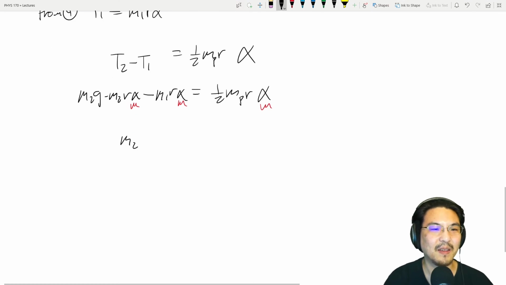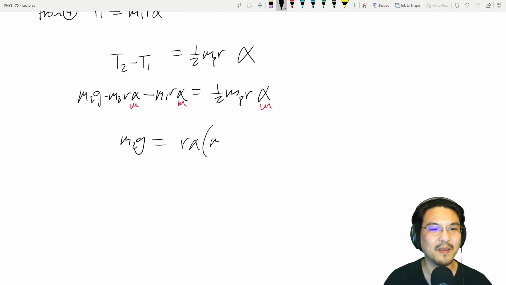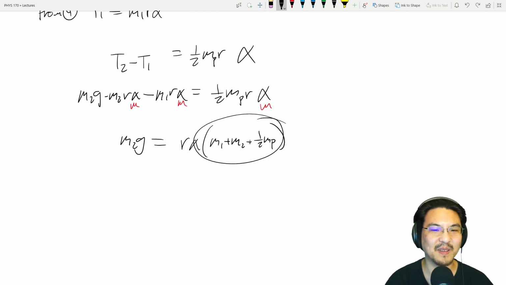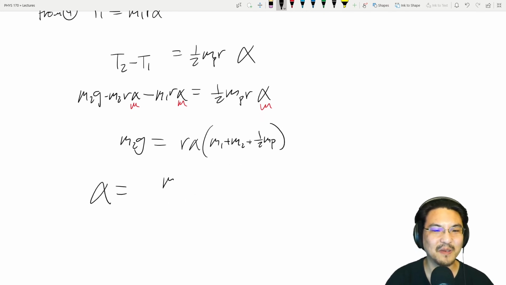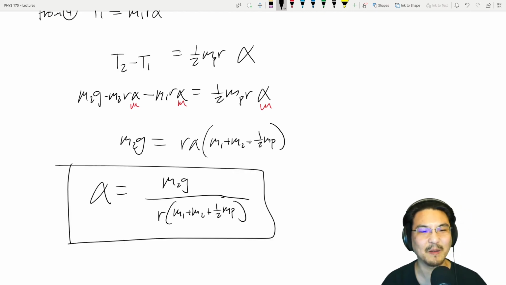So take these two, move it on the other side. So let's see, we have some common factors, r alpha. Okay, and then I'll move these back in the denominator. So alpha equals r. Okay, so there is the angular acceleration of the pulley.